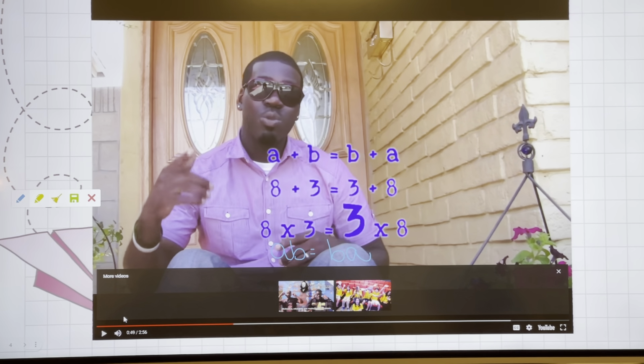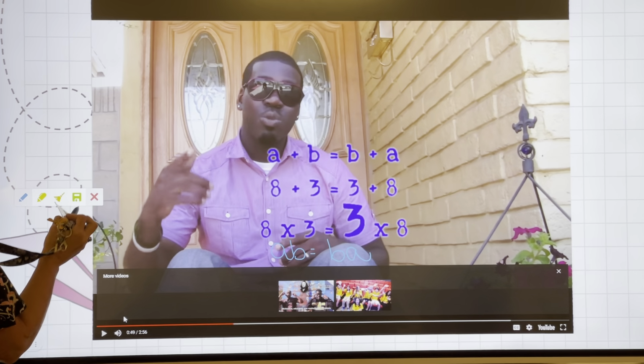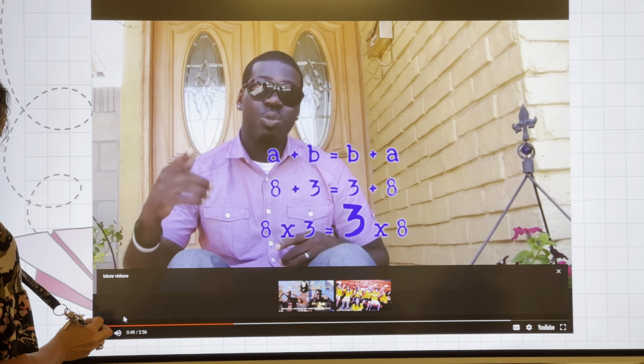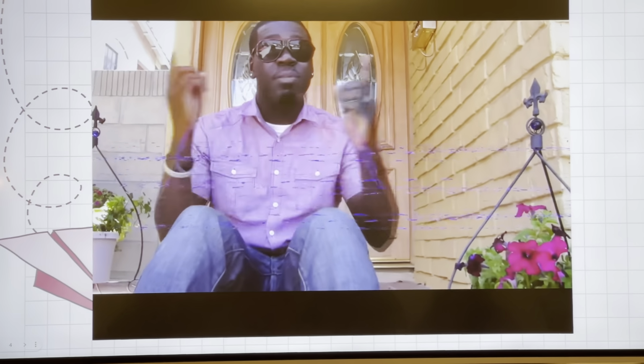AB equals BA. Okay? That goes under multiplication. That goes under example, AB equals BA. Okay? I just wrote that, yes. 3 times 8, just put them in a different order.